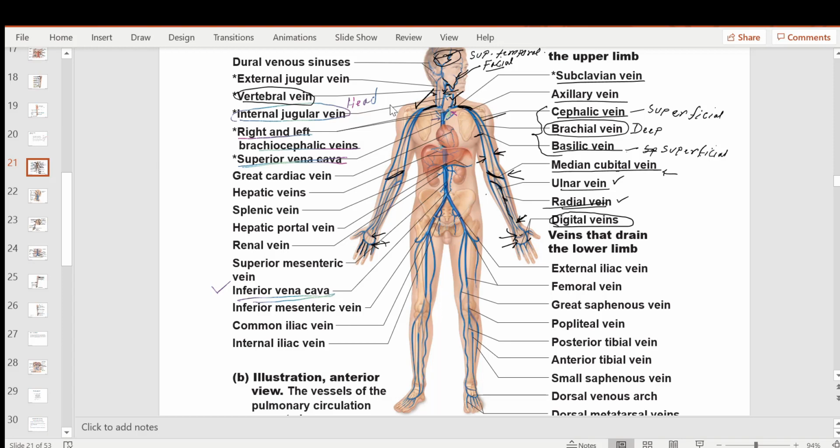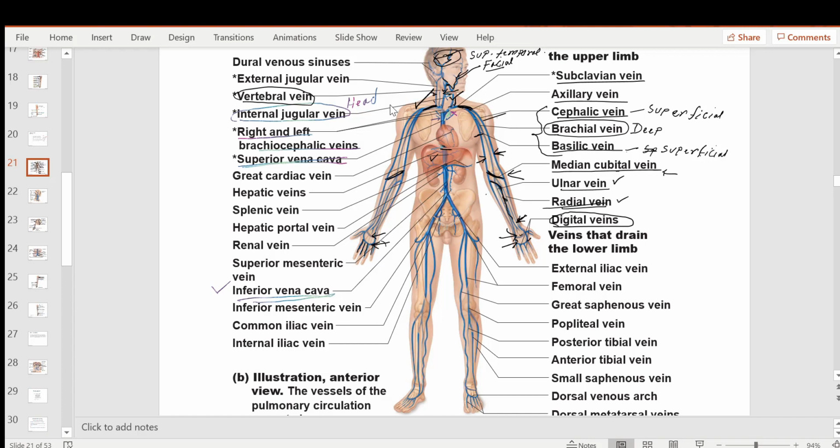Okay, now let's see the inferior vena cava. Inferior vena cava gives blood also to the right atrium. Inferior vena cava pierces the diaphragm like the aorta and runs side by side with the aorta. And the inferior vena cava receives blood from a number of tributaries from the liver.